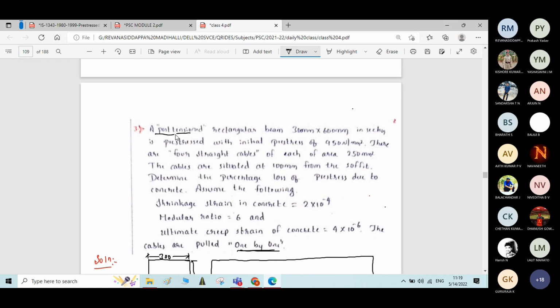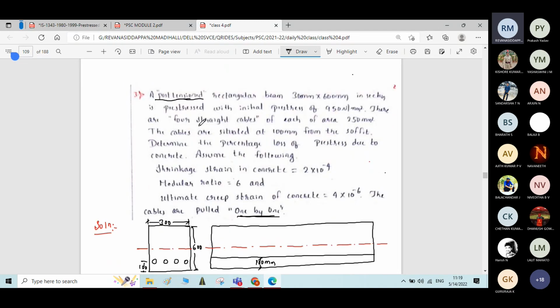Whenever you start solving a problem on loss of pre-stress, you should see whether the beam is post-tensioned or pre-tensioned.